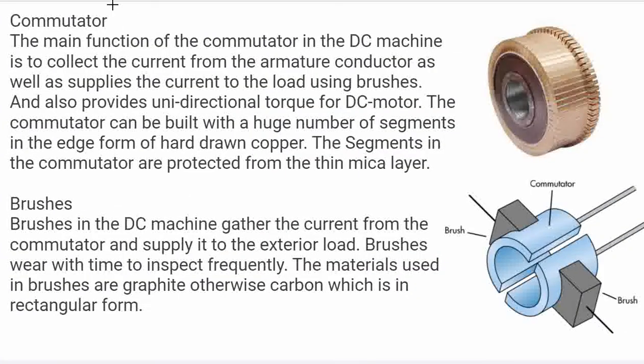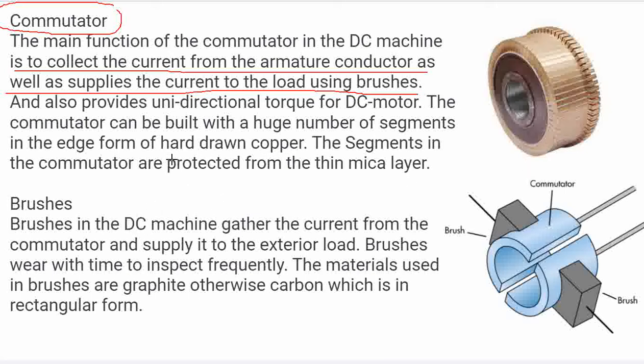Now the commutator: what is its purpose, and where is it? The main function of the commutator in a DC machine is to collect the current from the armature conductors as well as supply the current to the load using brushes. With the help of the commutator we can convert the generated AC into DC.